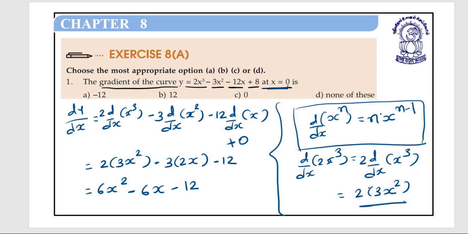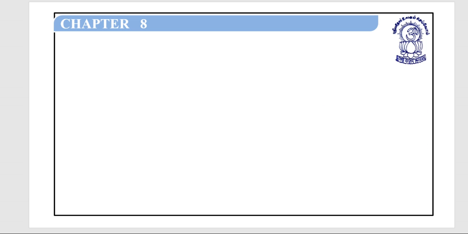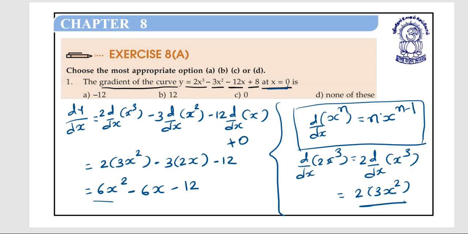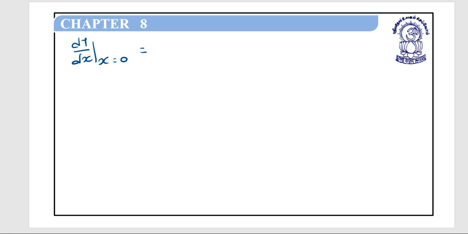So put the value of x is equal to 0 into this equation, 6x square minus 6x minus 12. 6 into 0 square minus 6 into 0 minus 12. 6 into 0 is 0, minus 0, minus 12 is equal to minus 12.